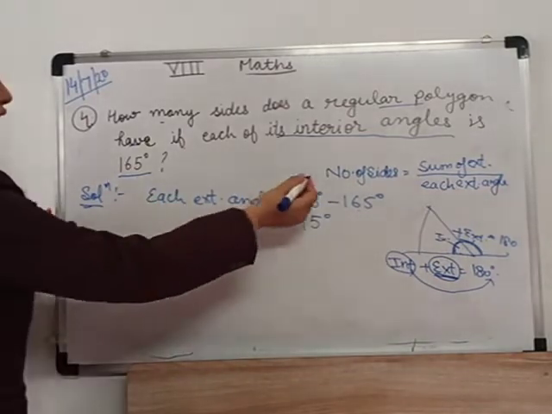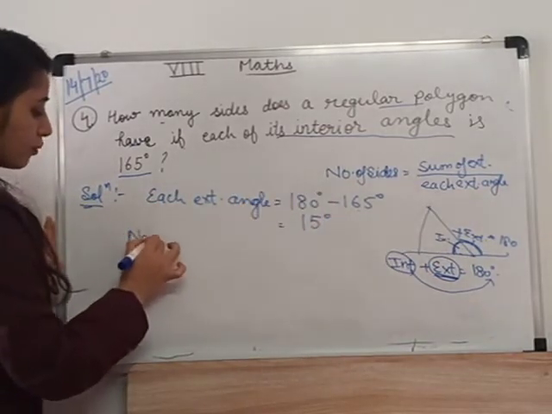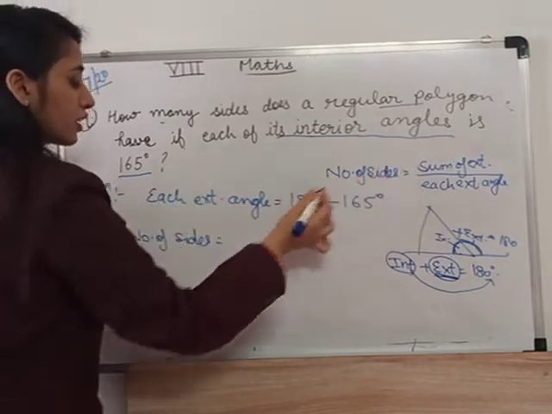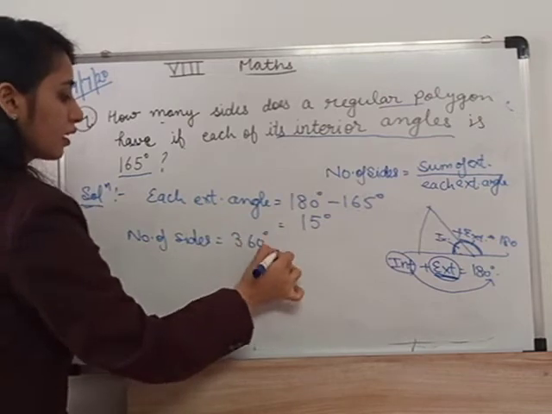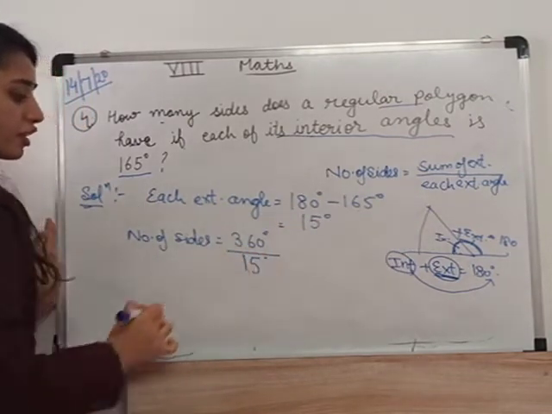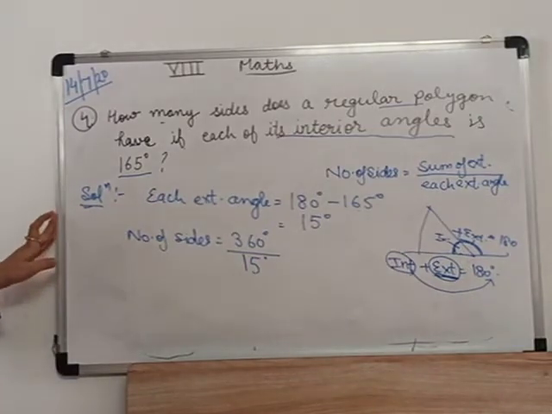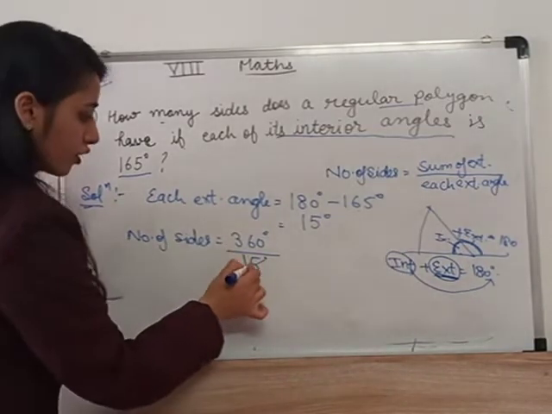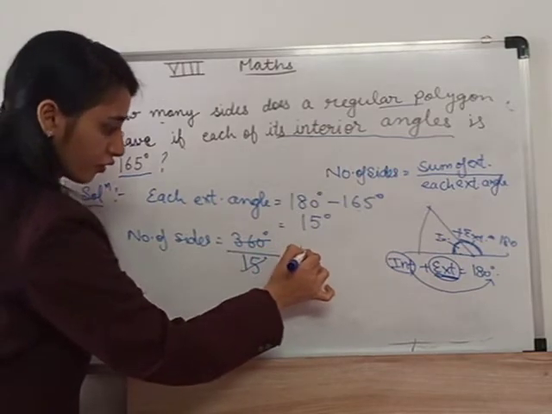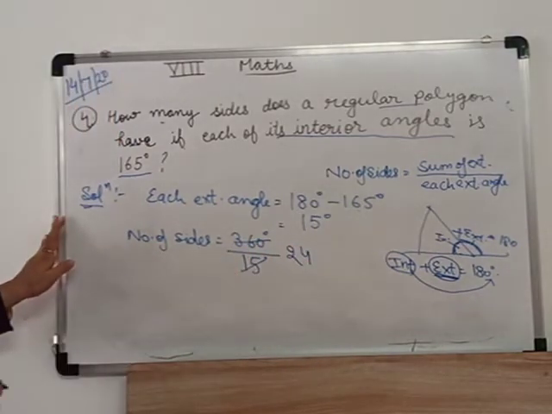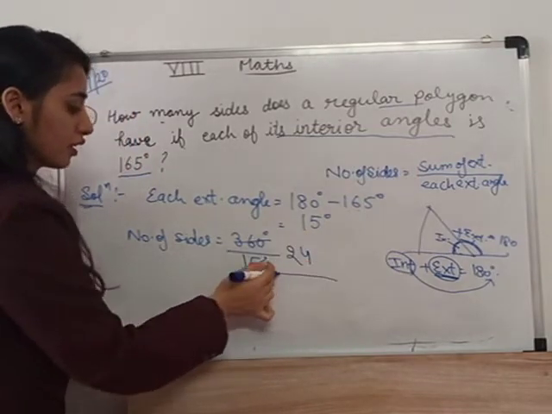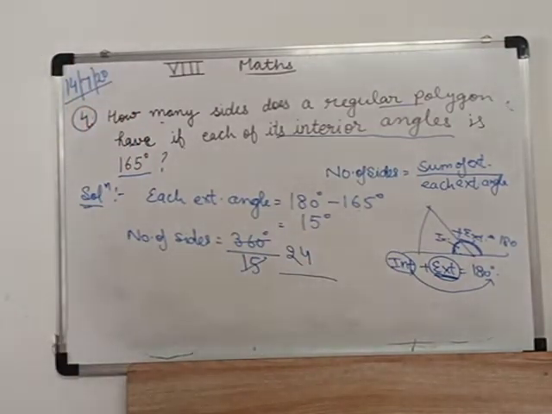Then we can easily find the number of sides. Number of sides of that polygon is equal to the sum of exterior angles, 360, divided by each exterior angle, that is 15 degrees. So the number of sides is 15 2s are 30, 15 4s are 60, 24, not in degrees. The number of sides is 24.